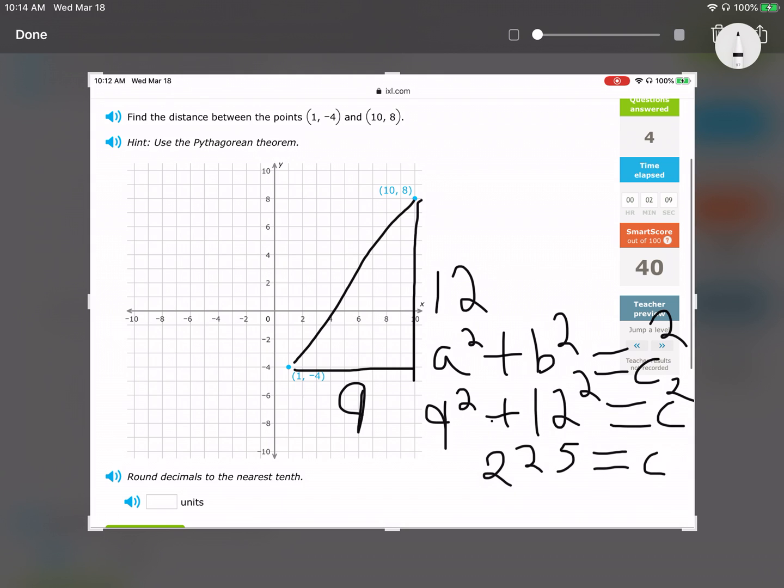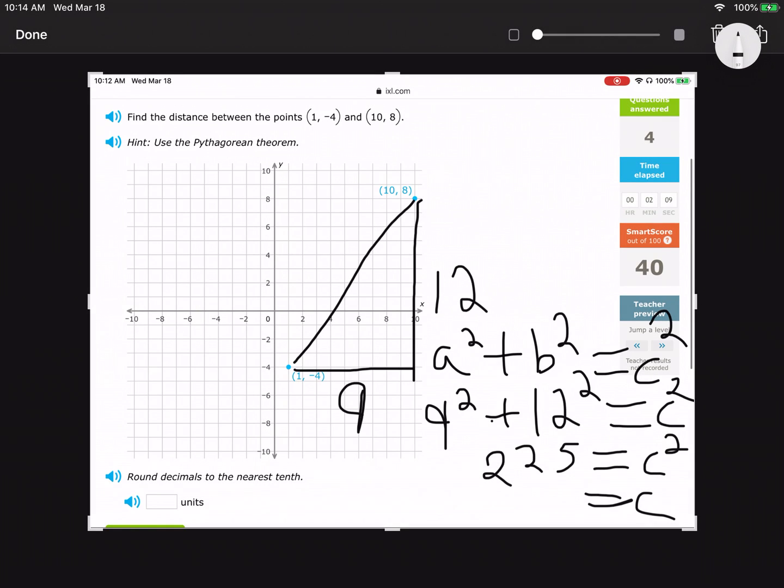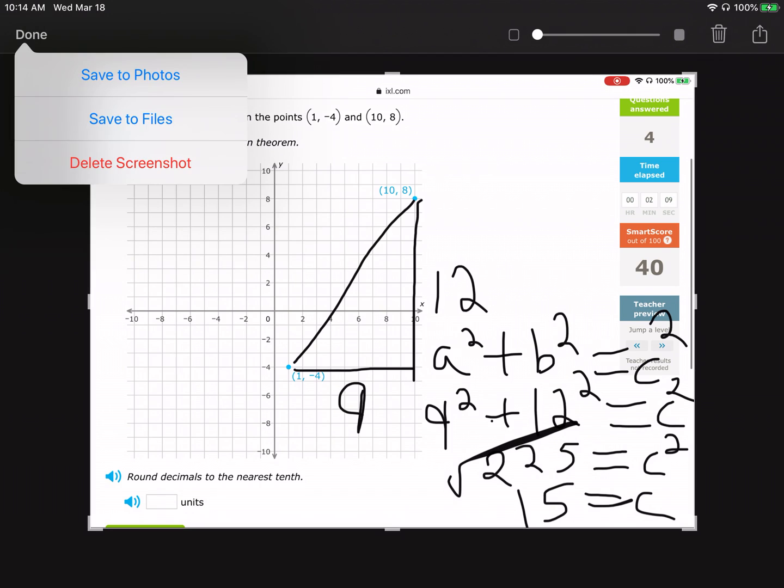Sorry, I'm just trying to run out of space here. So again, 9 squared is 81, 12 squared is 144. I add them up and I get 225. I want to know what just c is. So I'm going to take the square root of both sides.